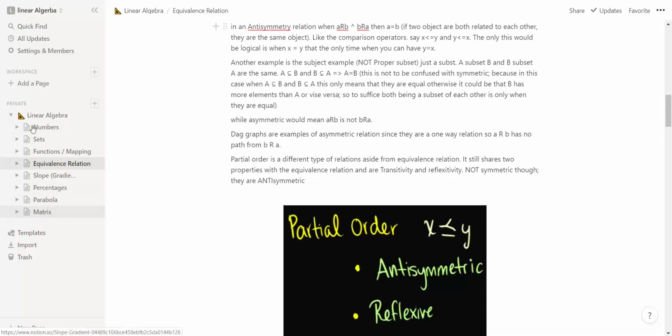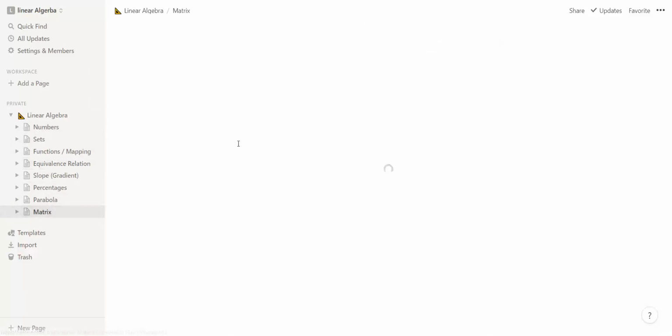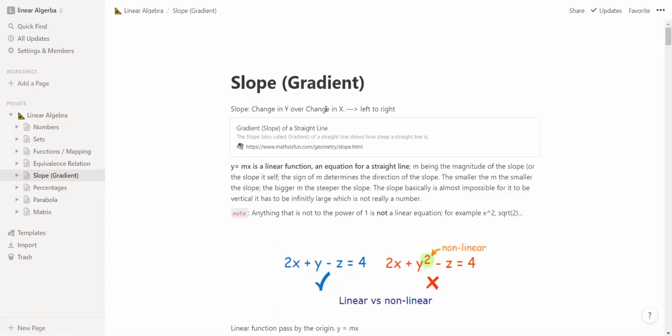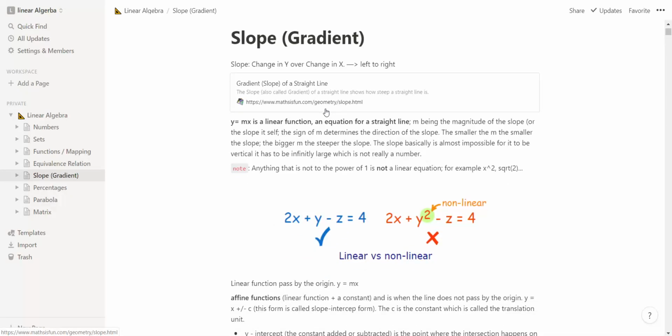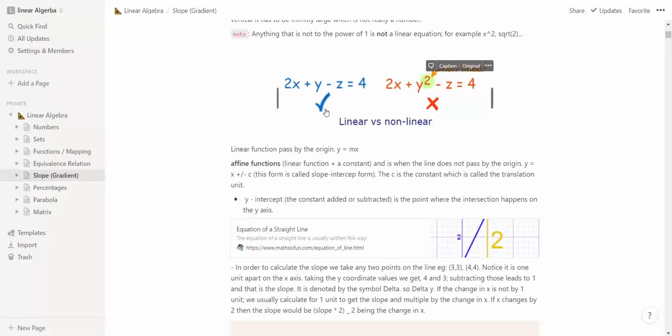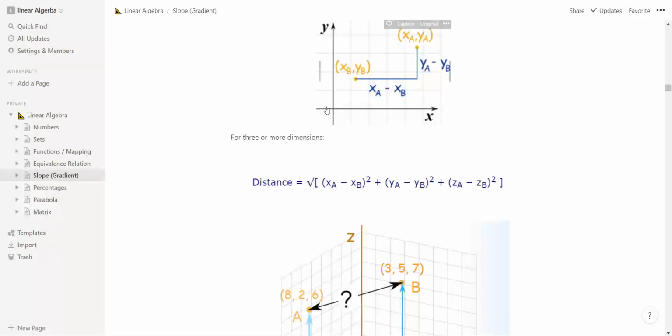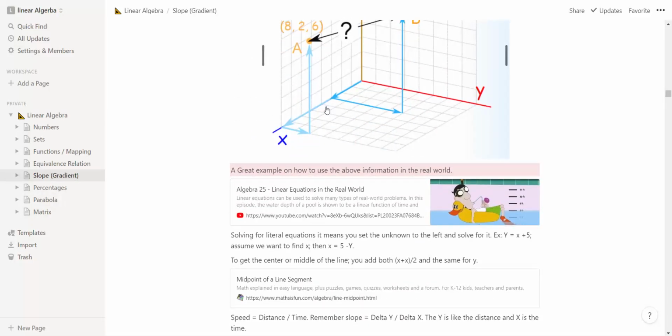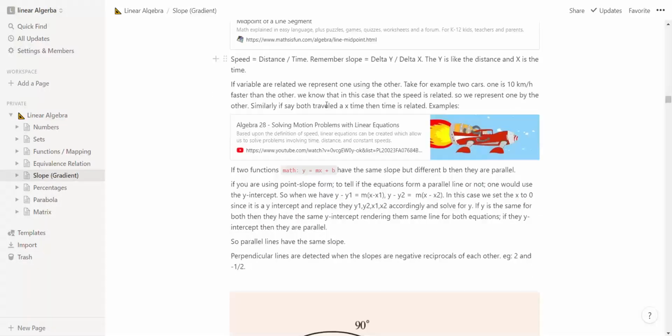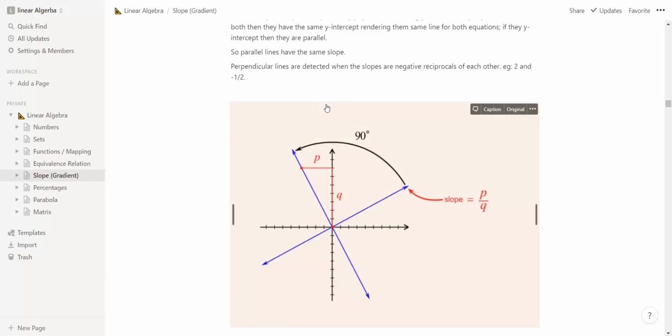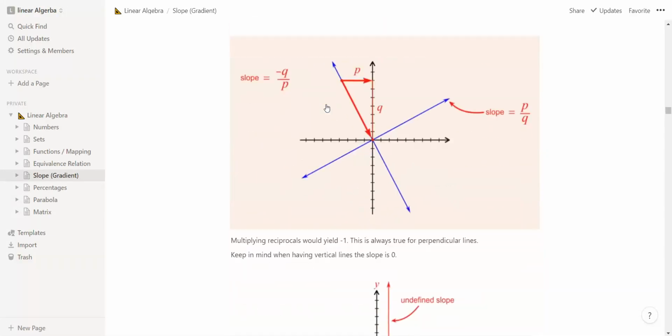topics and cover each. We went through each and every topic to reach the matrix. Before hitting on the matrix, we read a lot about slopes, and we know the equation of the slope is mx plus b, where b is the y-intercept, and you could have infinitely many solutions for equations that share the same slope.